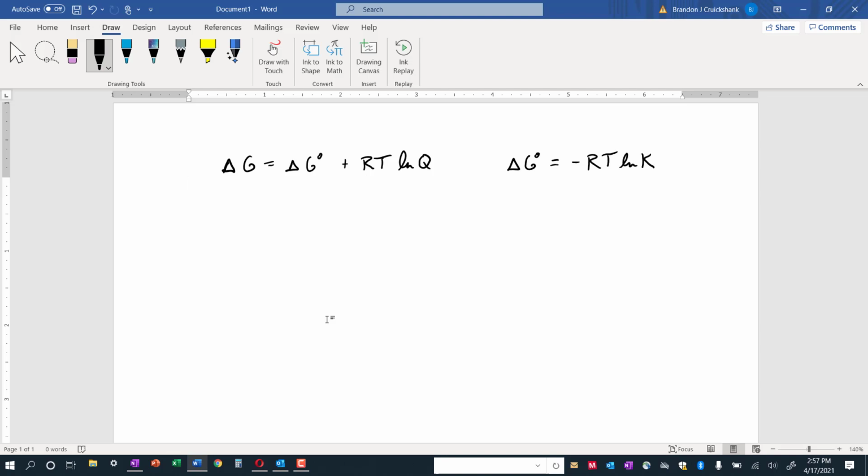This was a section in chapter 18, I believe, where we related the free energy change and equilibrium.